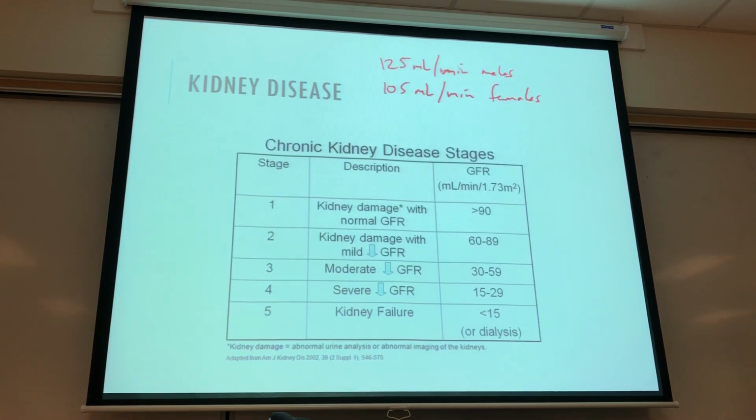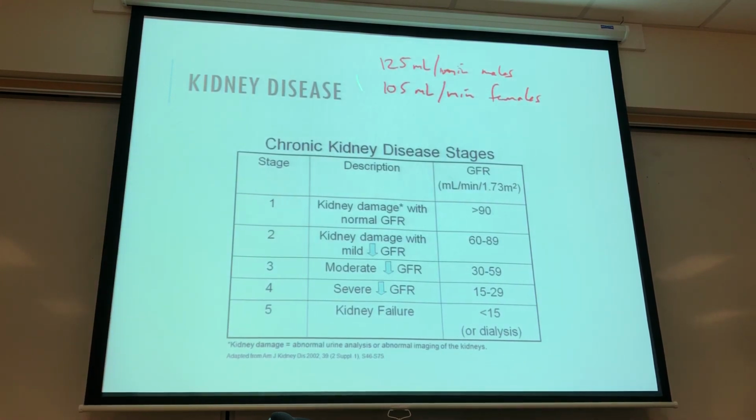So our way of measuring normal values is that we can estimate based on urinalysis. Typically they look at serum creatinine and then creatinine in the urine, and they can estimate the glomerular filtration rate. Anything below this is indicative of kidney disease.